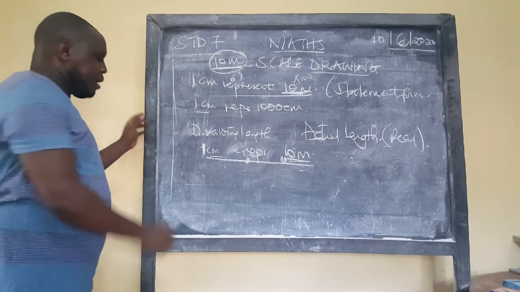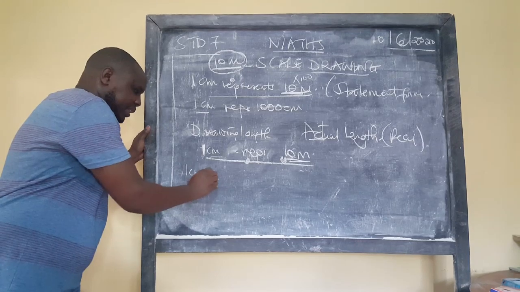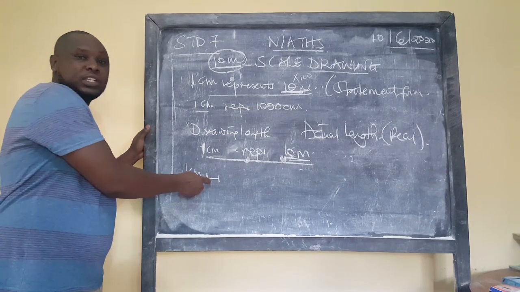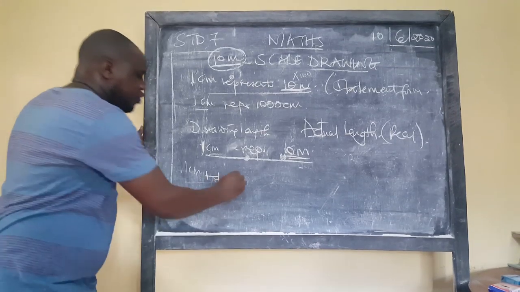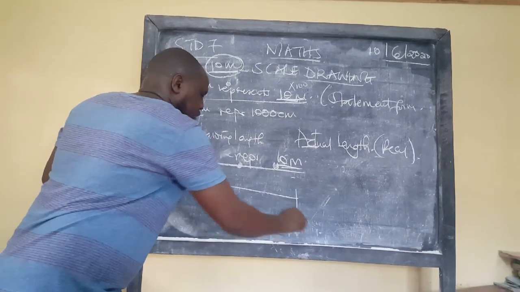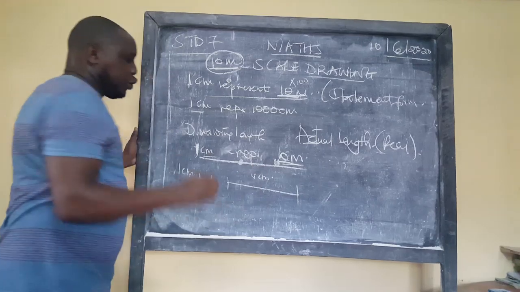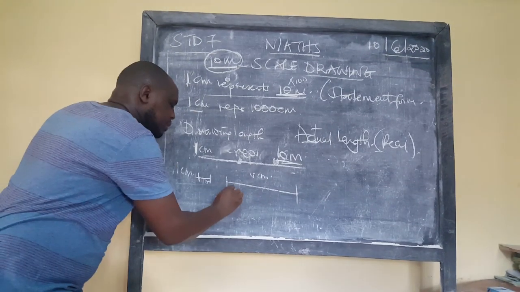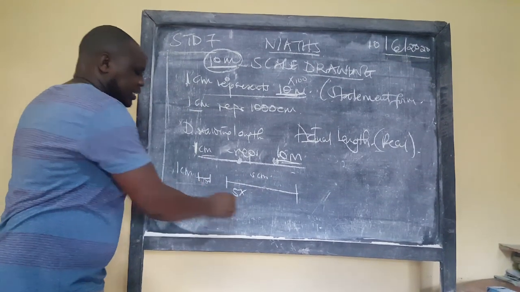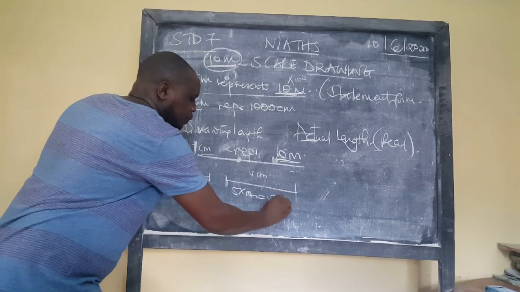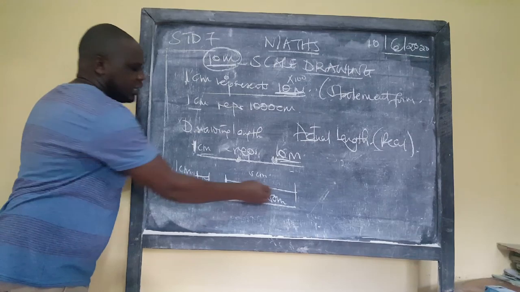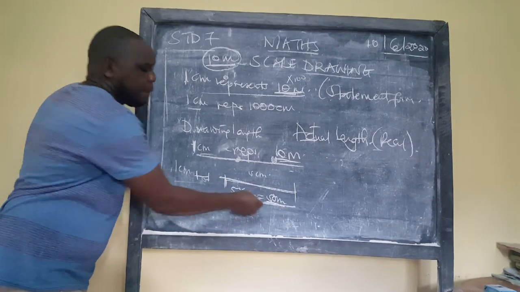So if you have drawn 5 centimeters, to get the real length you take 5 centimeters times 10 meters for each centimeter. So the real length on the ground is 50 meters. This 5 centimeters is equivalent to 50 meters on the ground.